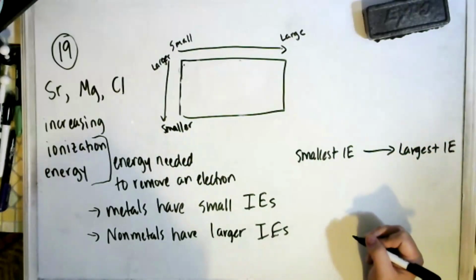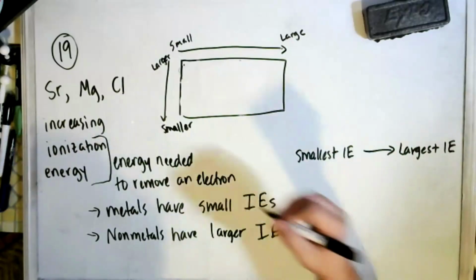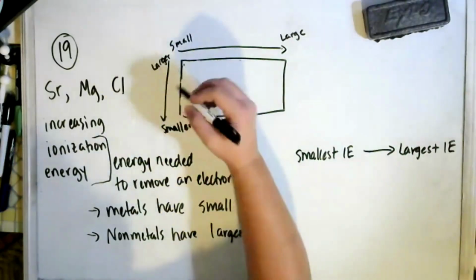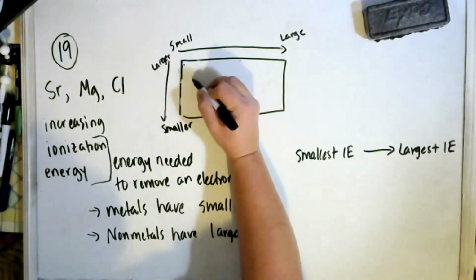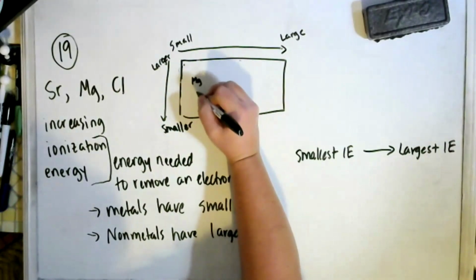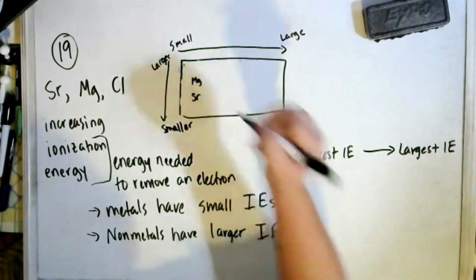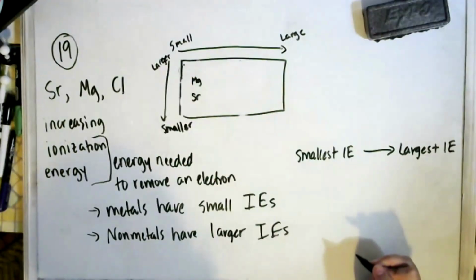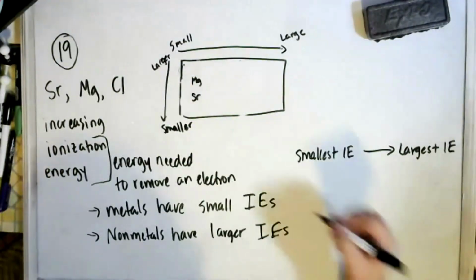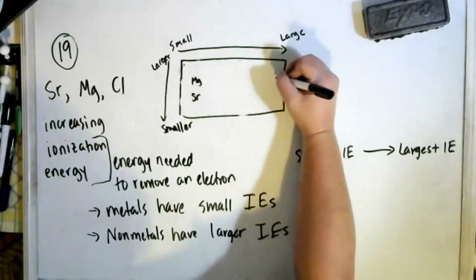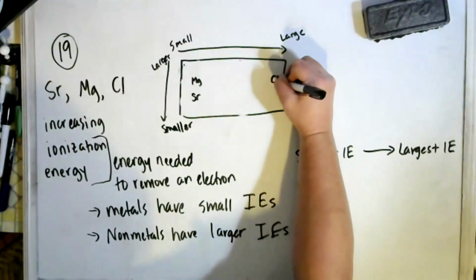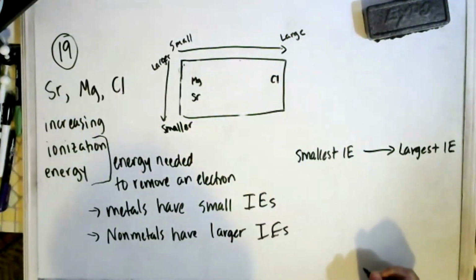And they're giving us strontium and magnesium. So magnesium is in our second column, and strontium is 2 elements below it in the same column. And then chlorine is in the same row as magnesium, but it's further to the right.